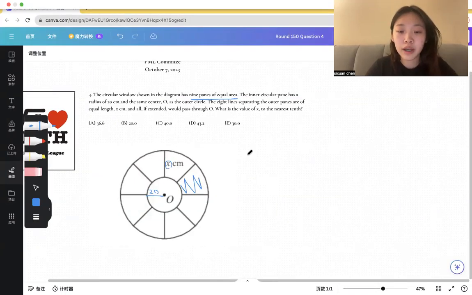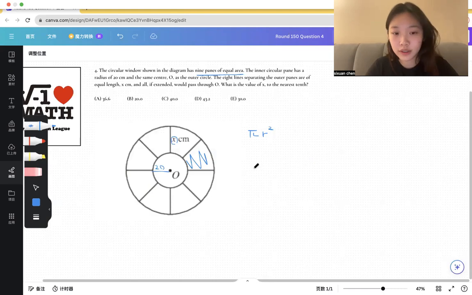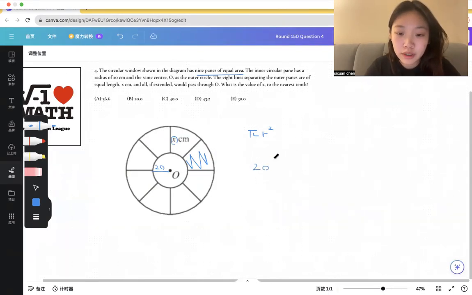We know that the formula for the area of a circle is pi r squared. The radius of the circle right here is 20, so the area of the circle is 20 squared pi.